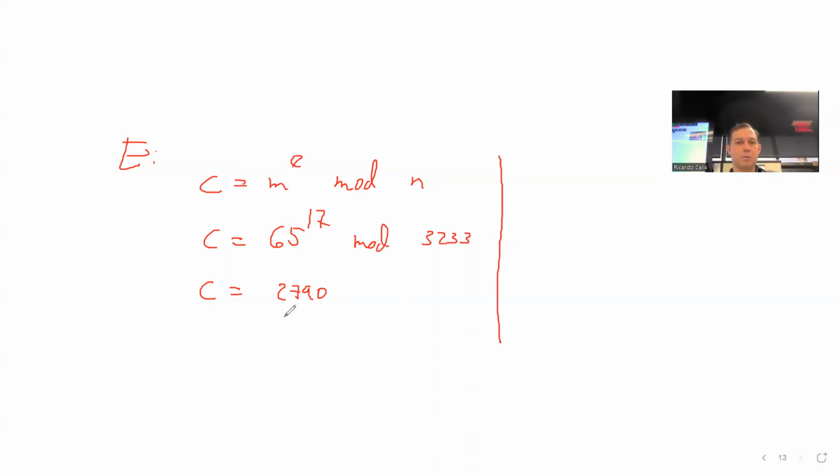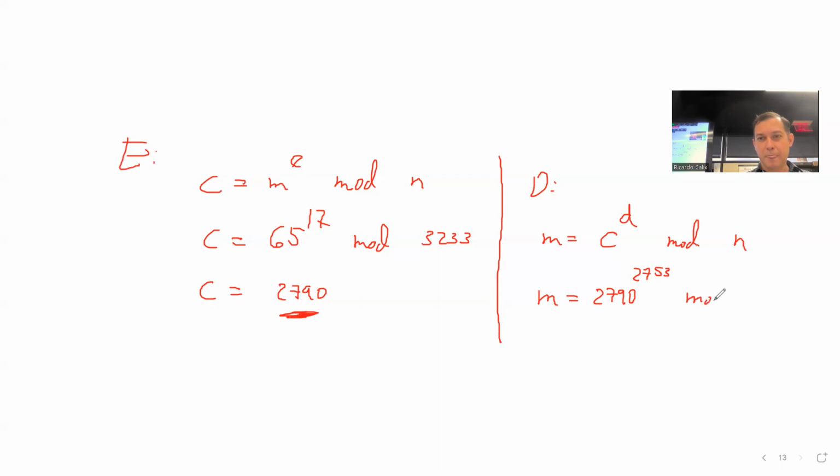So now we want to decrypt. So how do we do that? We're going to say M equals C to the D mod N. So that's going to be M equals C, which is 2790, to the D. What is D? 2753, mod.